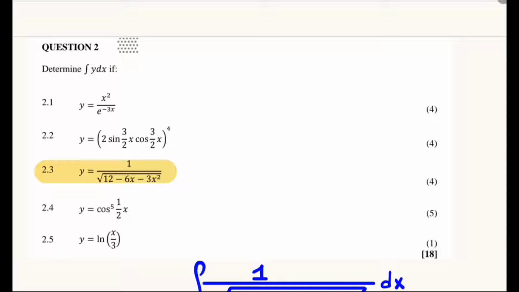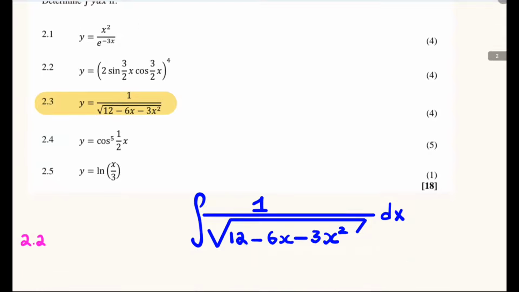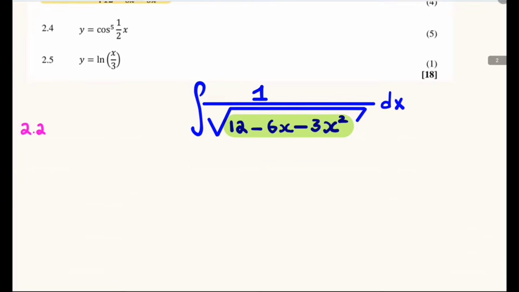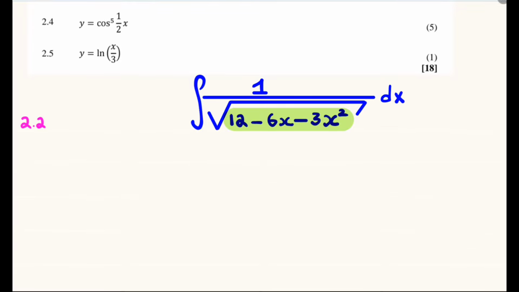Question 2.3, we integrated the following, but before we can integrate, we are going to complete the square. We simplify by completing the square. We focus on the 12 minus 6x minus 3x squared for now. We forget the integral and simplify that, and then we integrate later.